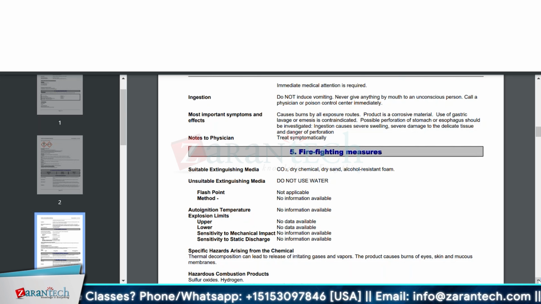When you talk about firefighting measures, you talk about a suitable extinguisher. We have class A, class B, class C, class D, class E fire. In MSDS section 5, under suitable fire extinguishing media, they mention CO2, dry chemical or dry sand, or alcohol-resistant foam.